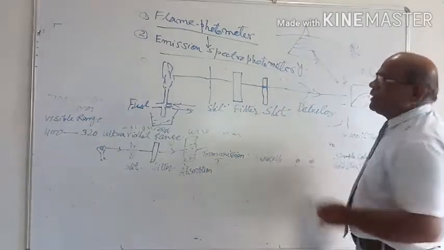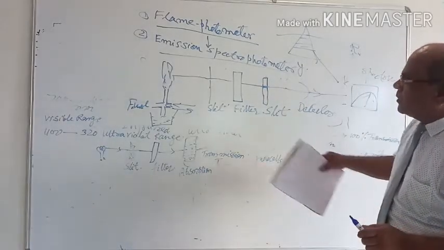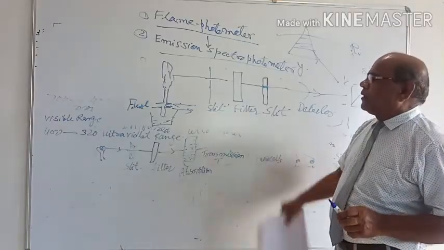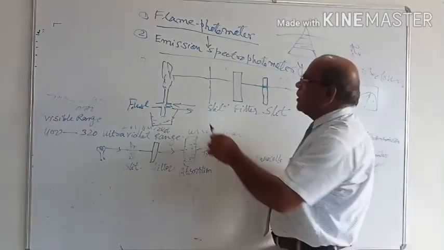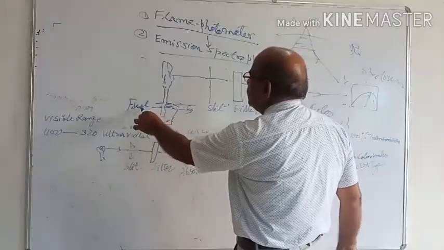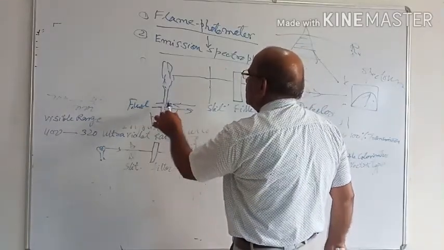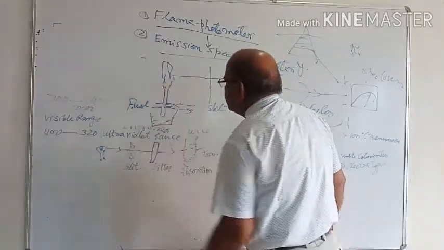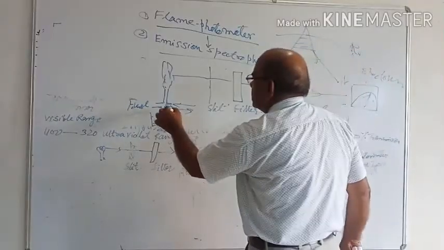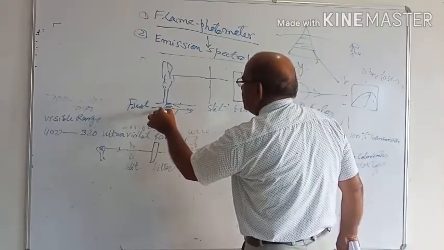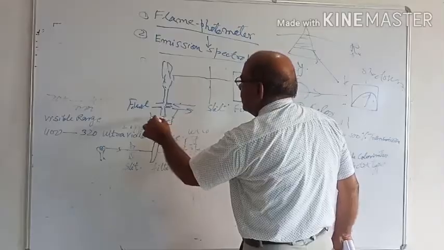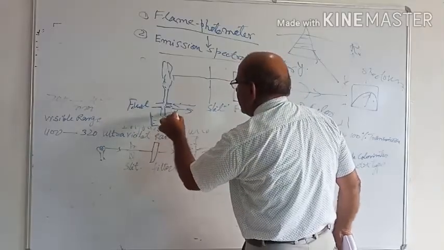It is a tentative picture of flame photometry where we develop a flame by passing the fluid in the jet, and it is connected with the air pathway, and this is the sample tank.